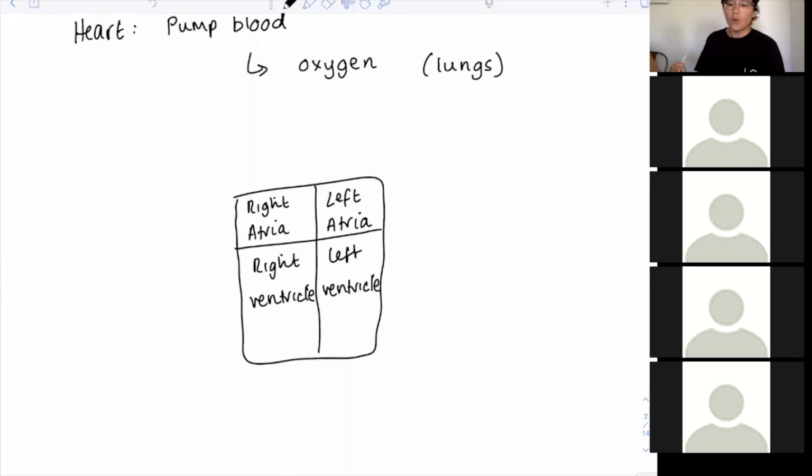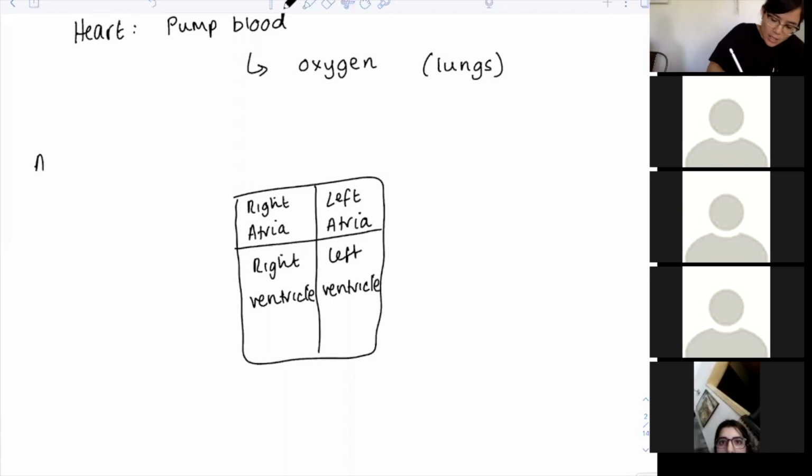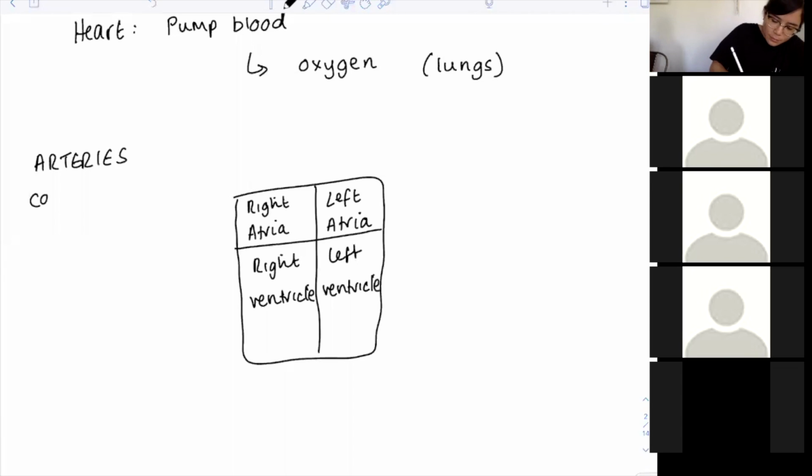We have our 4 chambers, but now we need to talk about how that blood is supplied to the heart and how it's taken away. So crucially, let's remember that carrying blood away from the heart, the 2 A's go together, so arteries carry blood away. Always remember that the 2 A's go together.